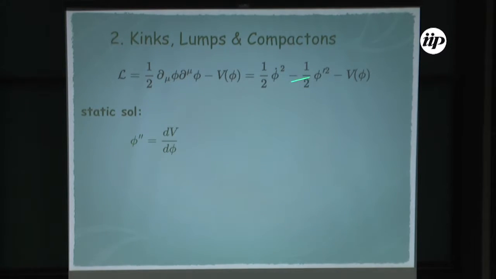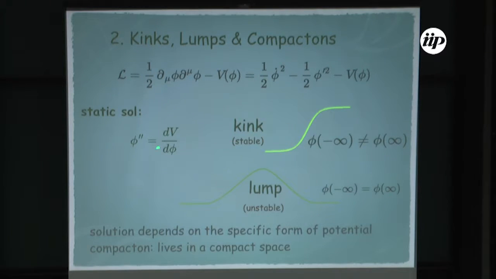I can model by choosing V properly. If I choose V properly, I can have kinks, which are solutions that are asymptotically different. This is the reason for the topological property of the kink, which is a kind of smooth step. Or it can be a lump, which is this one, with this property.